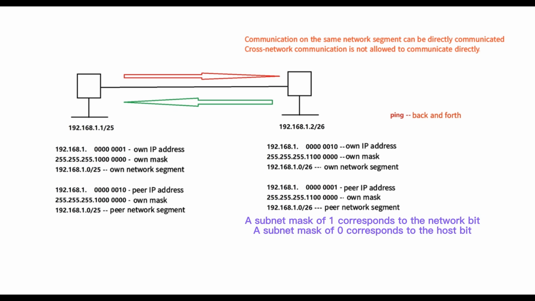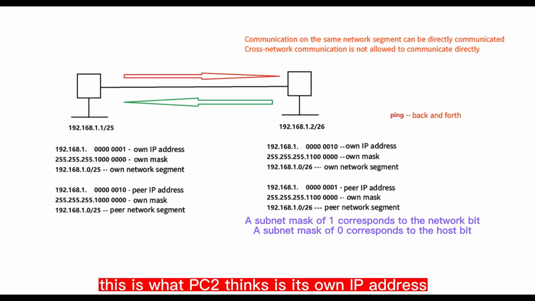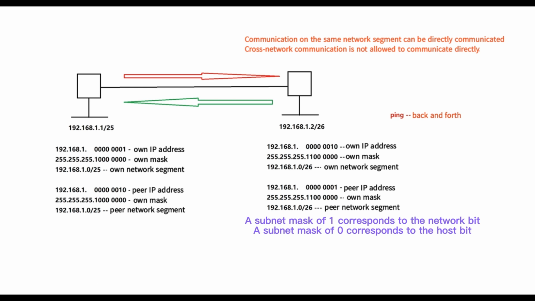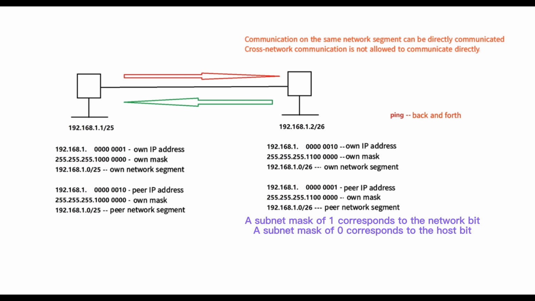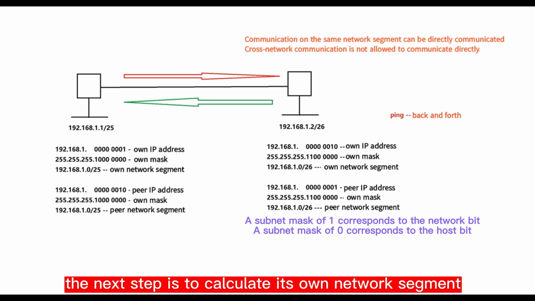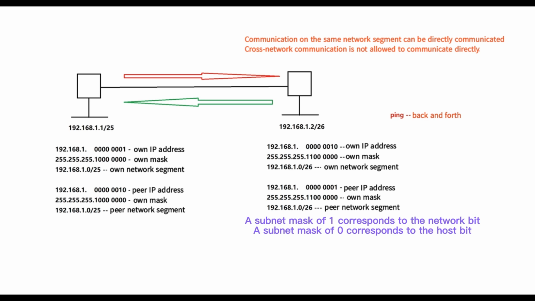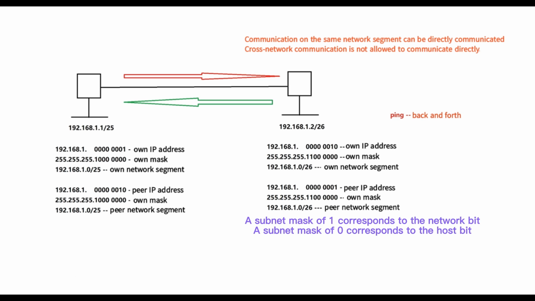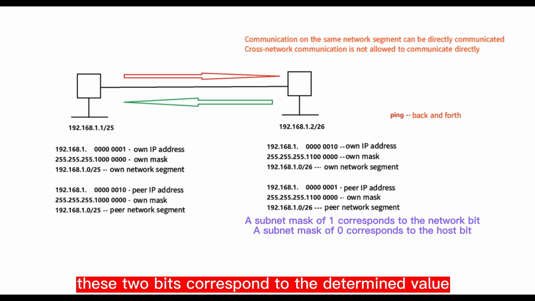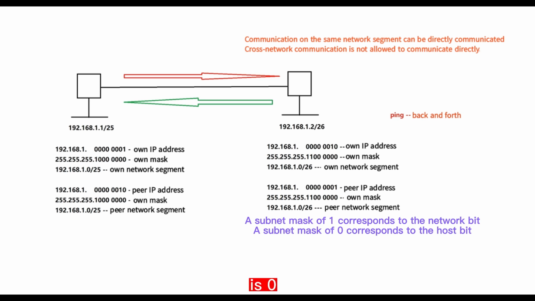It is 192.168.1.2. 1.2 is 00000010. This is what PC2 thinks is its own IP address. Its own mask is 255.255.255.11000000. Then the next step is to calculate its own network segment. In fact, these 2 bits correspond to the determined value, which is 0.